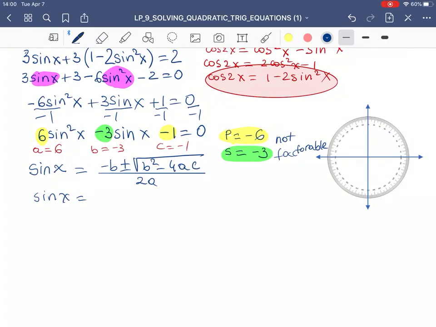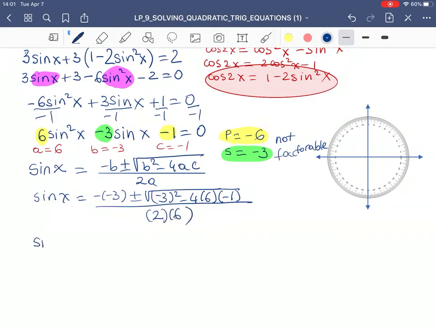So sine x equals negative b, which means negative 3, plus or minus the square root of negative 3 squared minus 4 times 6 times negative 1, everything over 2 times 6.